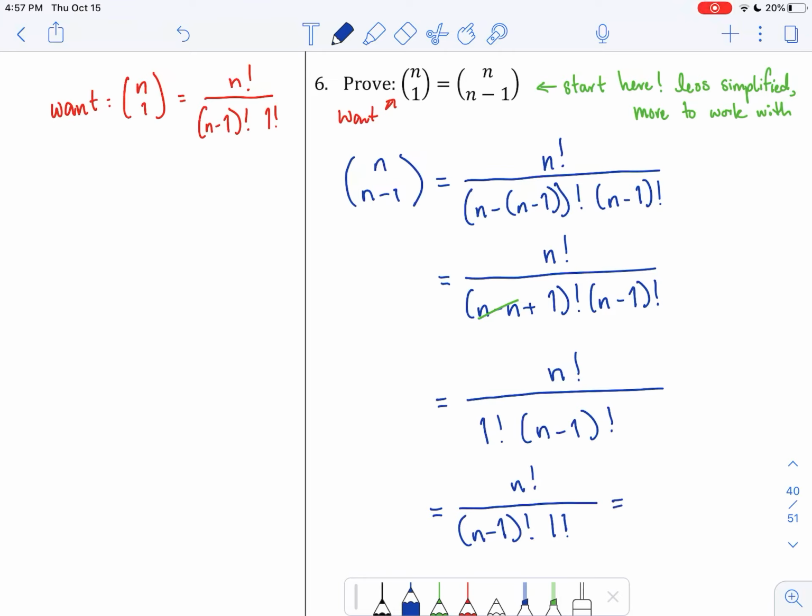And now we say, oh, well, that's actually equal to n choose 1. We finished our proof. And by the transitive property, this side here is equal to this side over here, and that's exactly what we wanted. So here's one of our first algebraic proofs. You've got some in the homework, so make sure that you're working on those as well. I'll talk to you later.